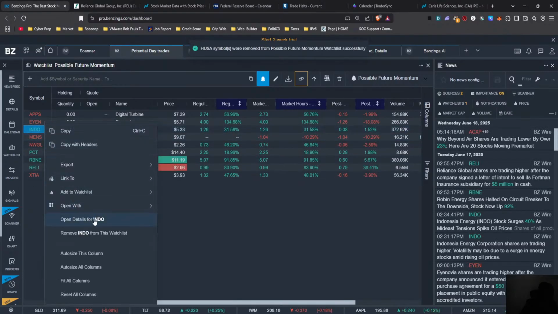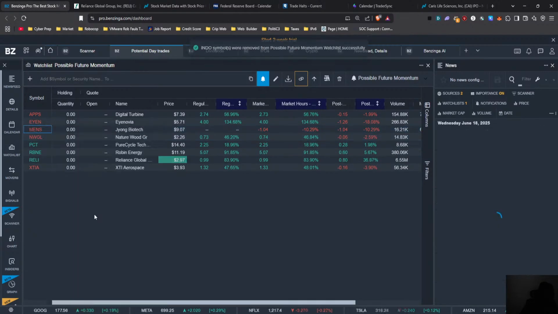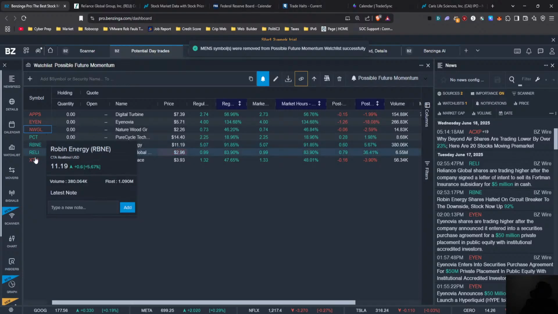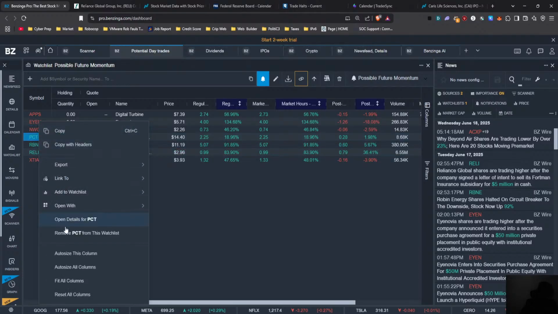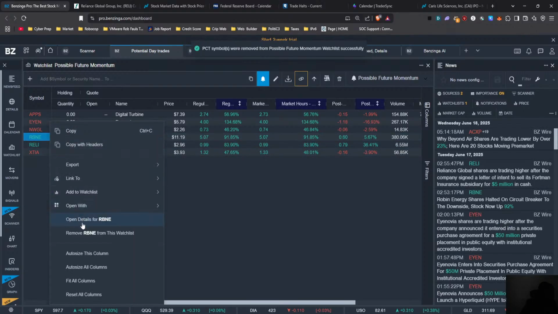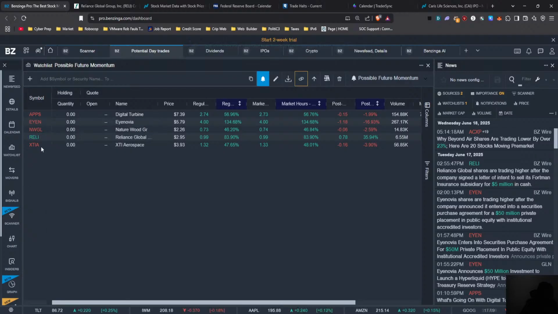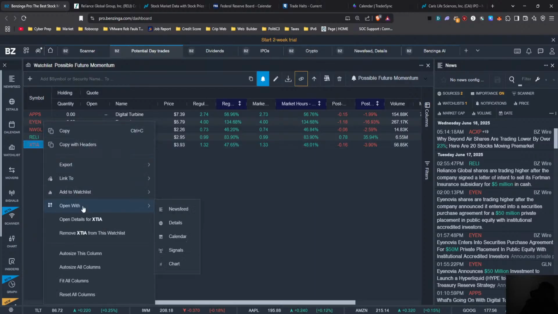INDO. Men's. Left NWGL. PCT is out of there. RBNE out of there. Really still on there, and then XTIA.